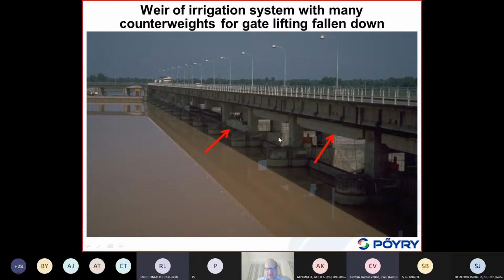All these spillway gates had the same system, so basically all had the same failure mode. The counterweights in this part, as you can see here, all fell down. The problem is, if you have multiple gates and one fails, it is not redundant. The redundancy concept is often used to control some hazard.